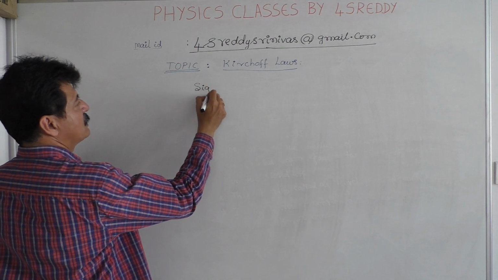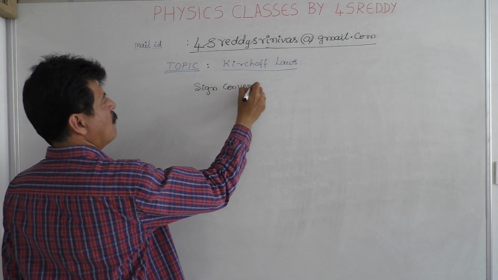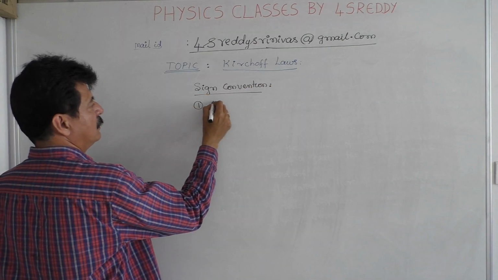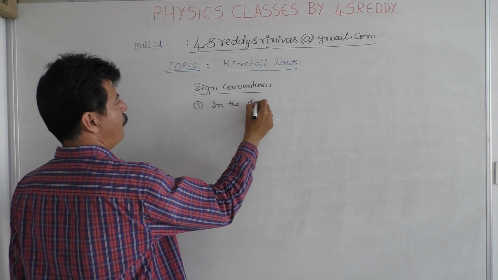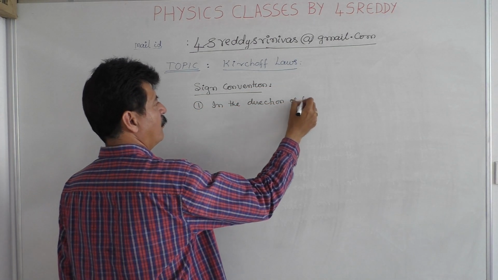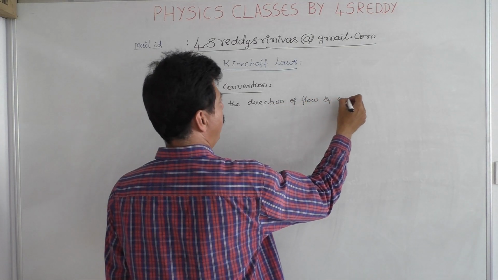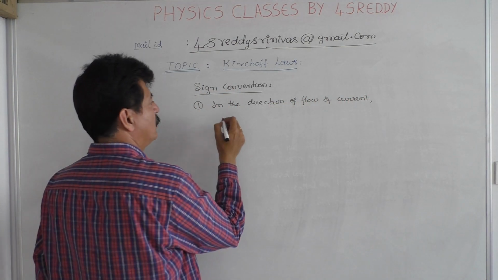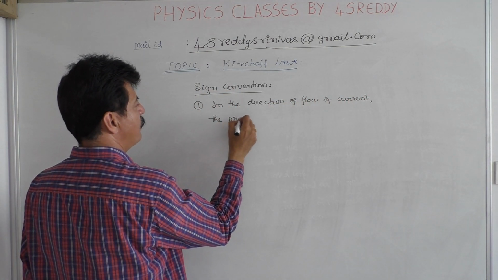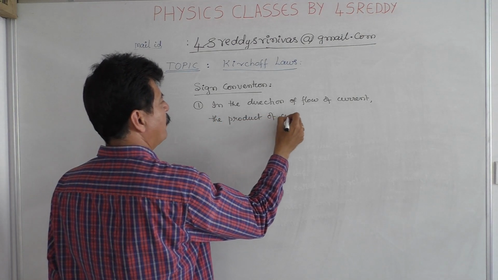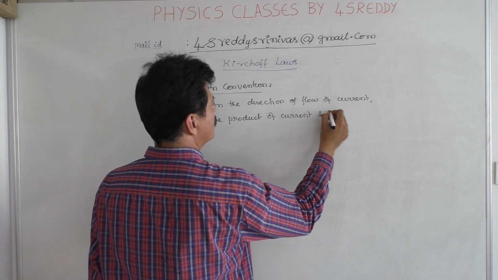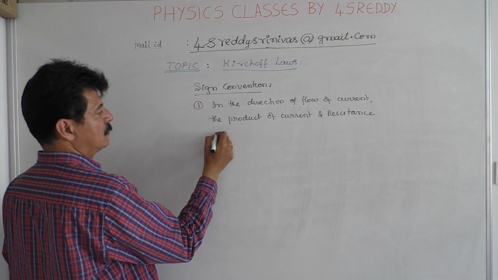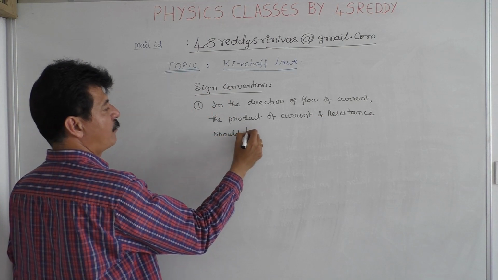sign convention for this. First point is in the direction of flow of current, the product of current and resistance should be taken as negative.